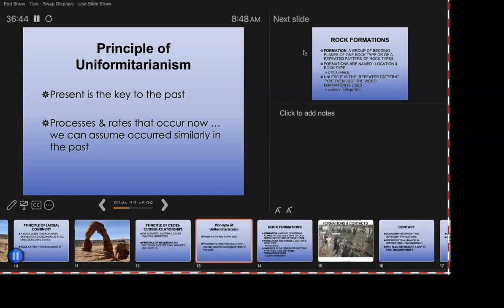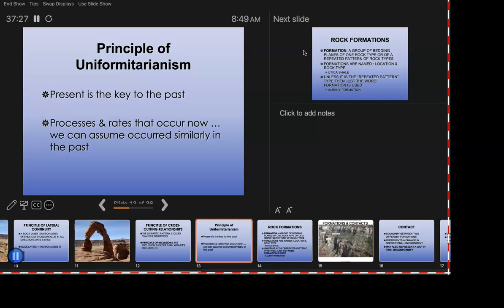I actually started the conversation today with this premise. We didn't use this word, but this premise. Oftentimes you hear this just shortened to uniformitarianism. You hear it shortened to the present is the key to the past. What that means is that we should be able to look at what's going on right now and assume, and assume's a horrible word, but assume that the same laws of physics, for example, applied in the past.